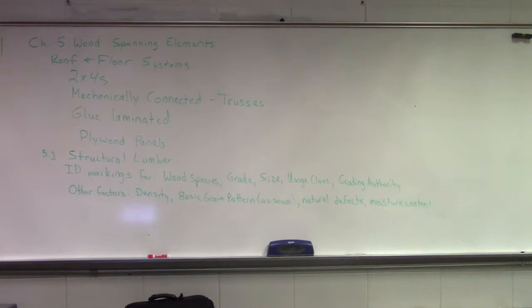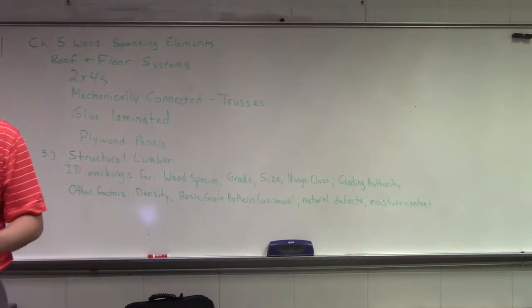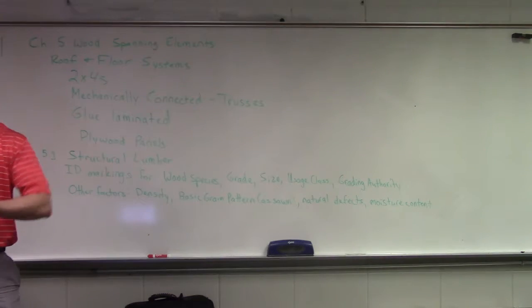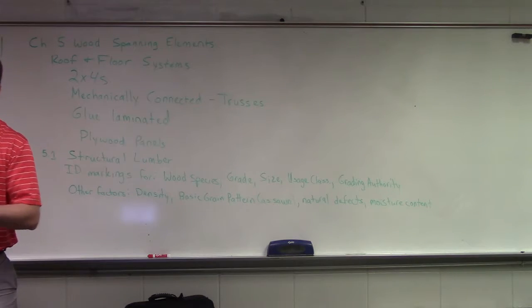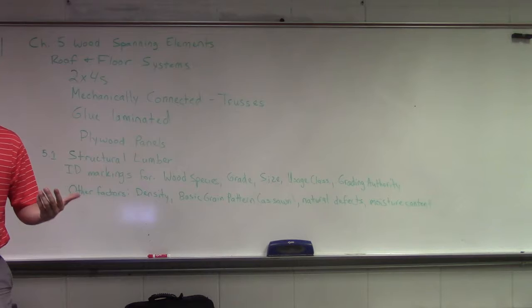So think about our steel. If we took a section of steel and pulled on it in tension, is the steel going to care how we orient it? No. It's going to have the same properties, right? Think about our concrete.